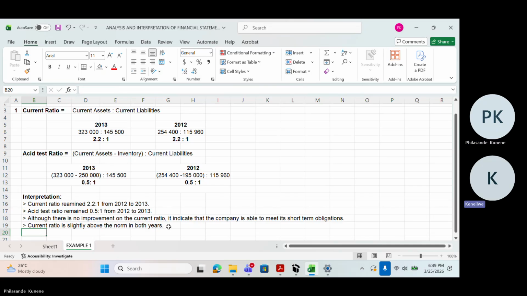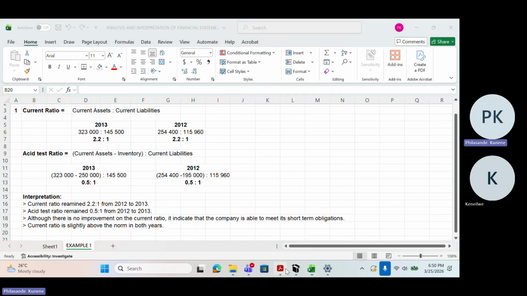I'm not sure, because it seems like you won't, but at the same time it is a norm. What does the norm say for acid test ratio? That it must be at 0.5, 50 cents to 1 rand.